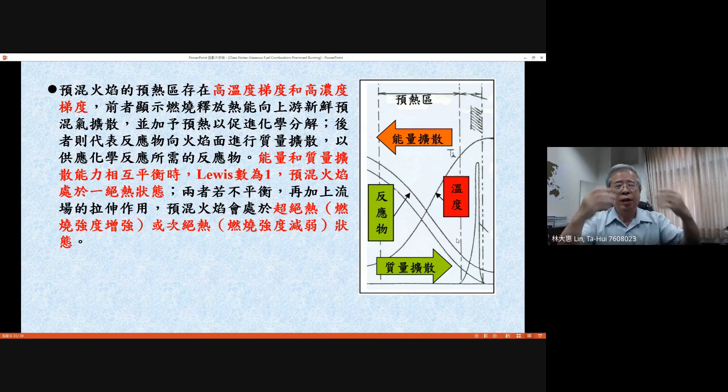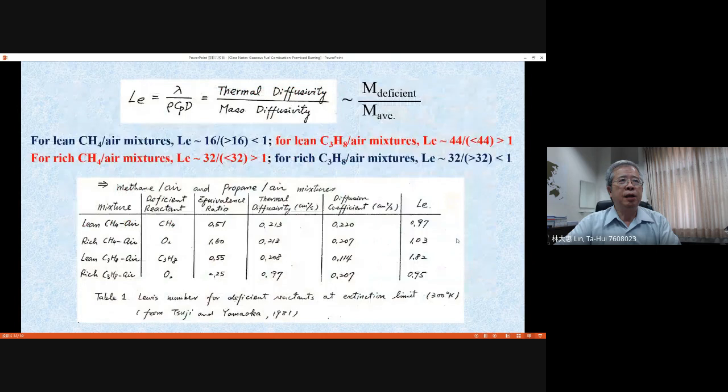When you think about mass diffusion, which reactant is important? The deficient one is most important. When you think about how much fuel or oxygen should be diffused into your chemical reaction zone, the governing species is the deficient one.